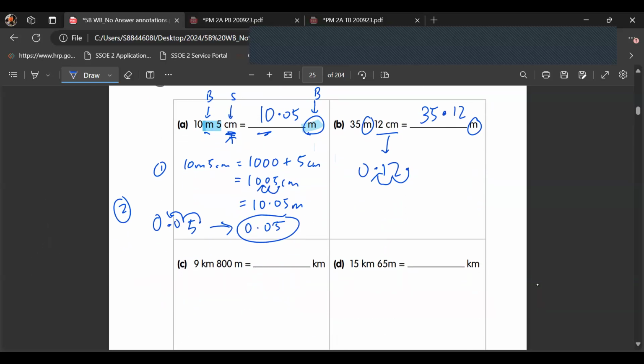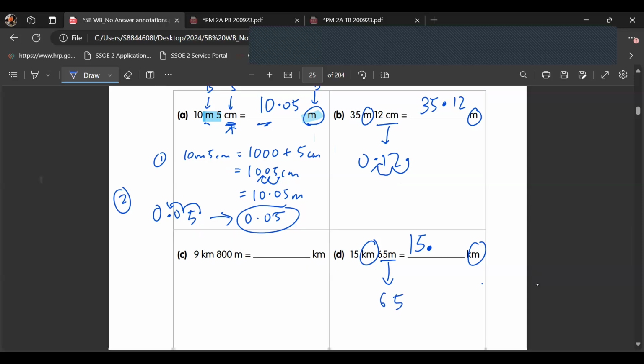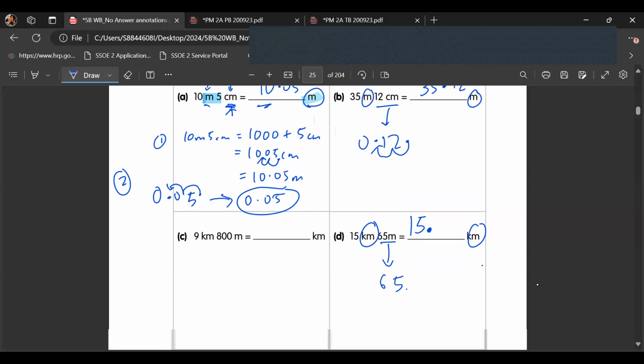So, like this one as well, the compound units here. Am I going too fast? Is it manageable? So from the kilometers here, I'm choosing the second method, like shortcut, because it's faster. I see kilometer, I leave the kilometers as it is, put in the decimal point, deal with 65 meters, divide by 1,000, 1, 2, and 3.